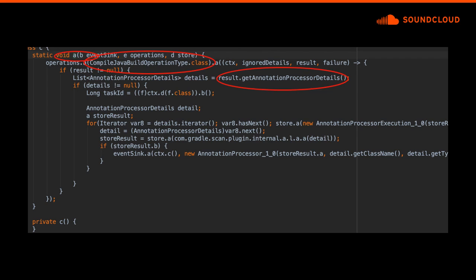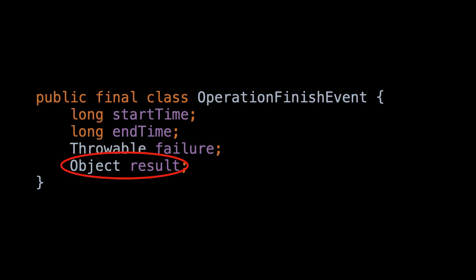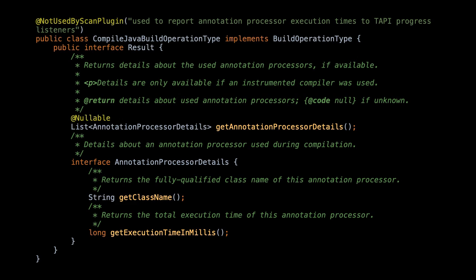So let's take a look. The compile Java build operation type, really great name, is part of the Gradle public API, and that's why in the build scan plugin, even though the build scan plugin is obfuscated, it is still shown.